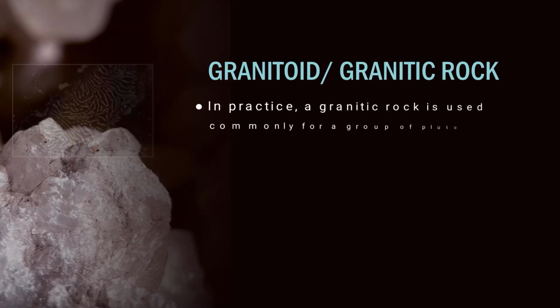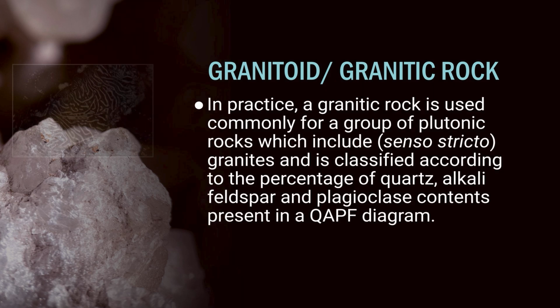Coming to what a granitic rock is. In practice, granitic rock is used commonly for a group of plutonic rocks which also includes granites, and is classified according to the percentage of quartz, alkali feldspar and plagioclase contents in a QAPF diagram.